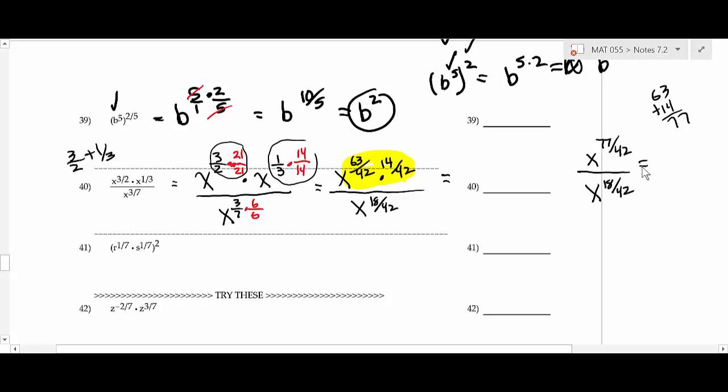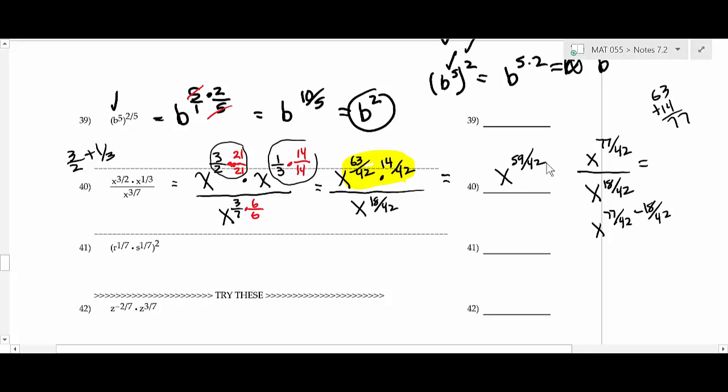Now what do I do? I subtract, right? Anytime you have a fraction, you do the top minus the bottom. So you're going to do 77 over 42 minus 18 over 42. So what's that? 59. So your answer to the problem would be x to the 59 over 42. Weird answer, but that's it.